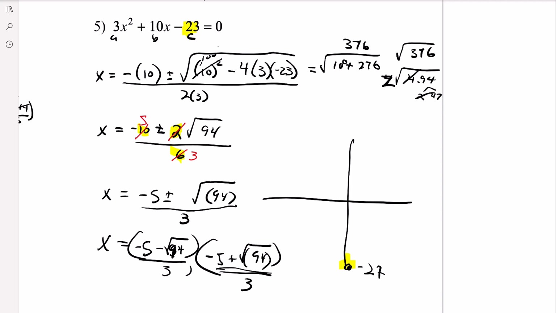So parentheses, negative 5 plus the square root of 94, close parentheses, divide by 3. This one is about 1.5651.